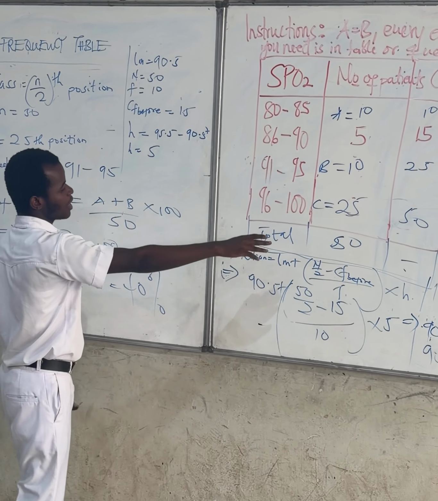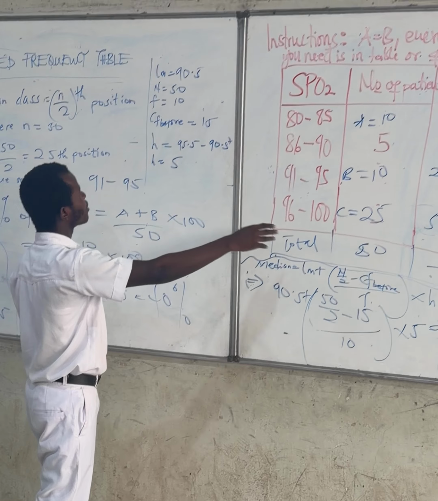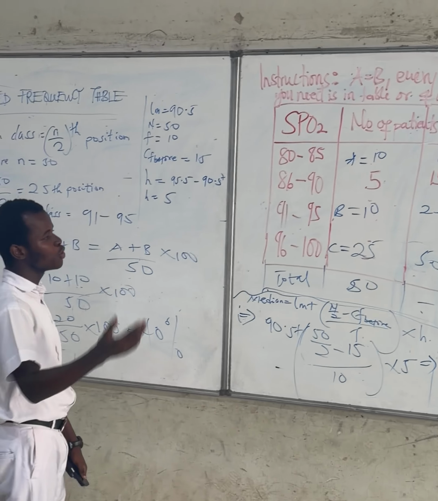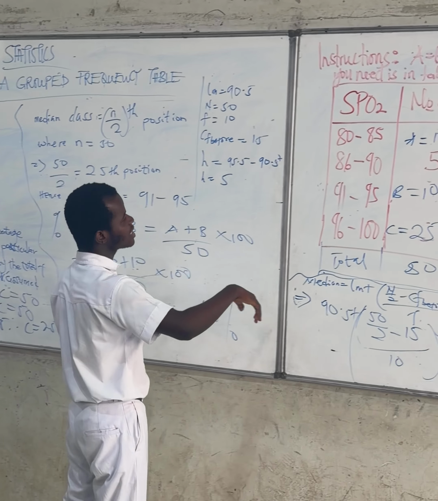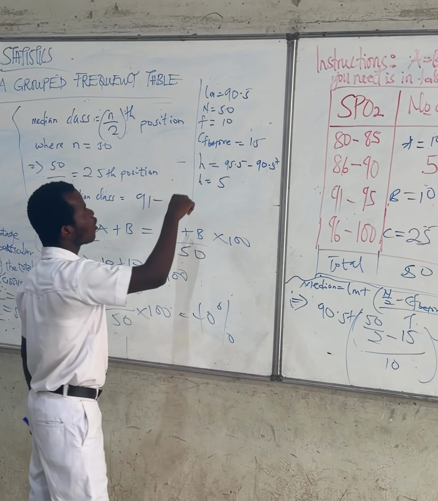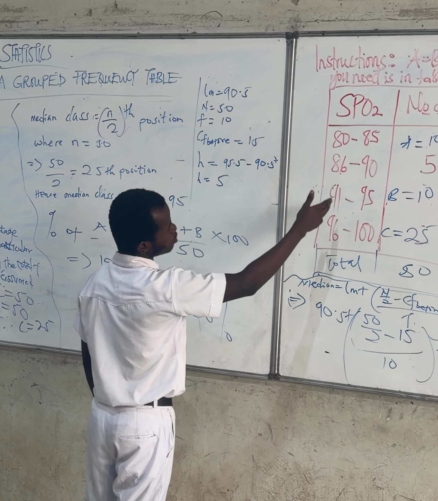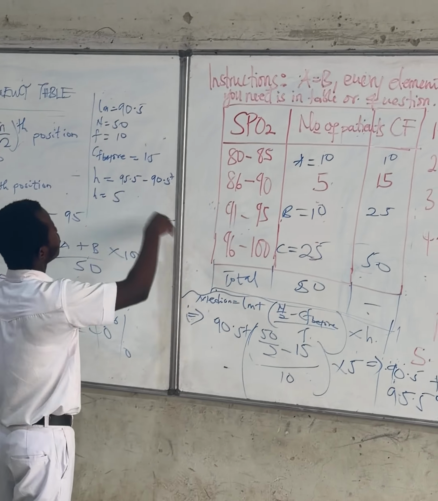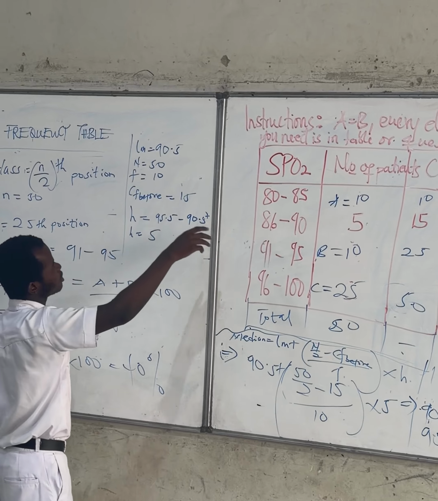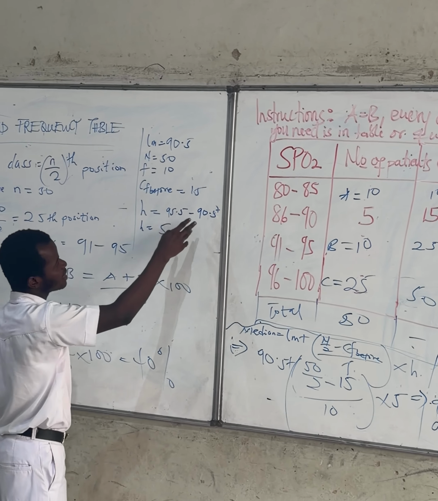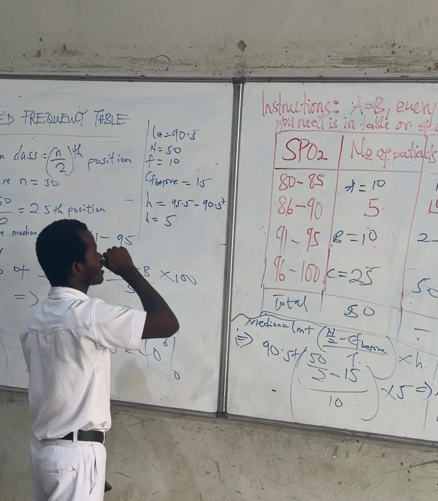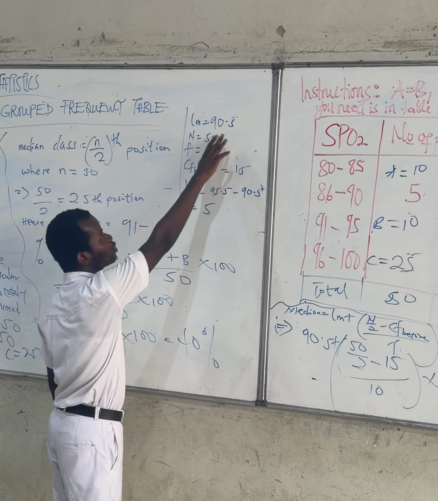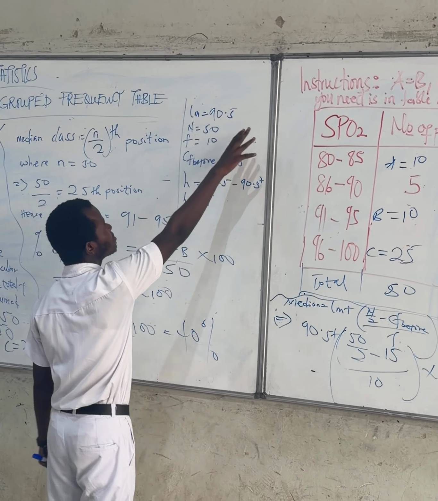So from the formula, we have N to be the total frequency, which is 50. LM to be the lower class boundary of the median class, for which you subtract 0.5 from the lower class limit, or you do the other one, 95 minus 91 plus 1, for which you get, that one will be the H. But then for lower class limit, you just subtract 0.5 from the lower class limit to get the lower class boundary of the median class, which is 90.5.